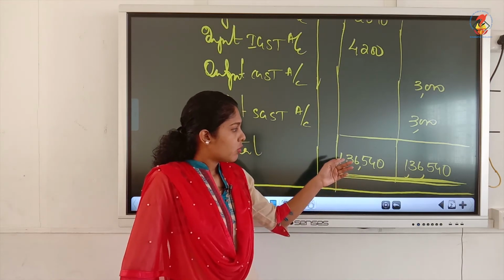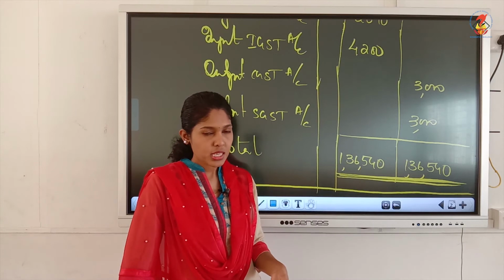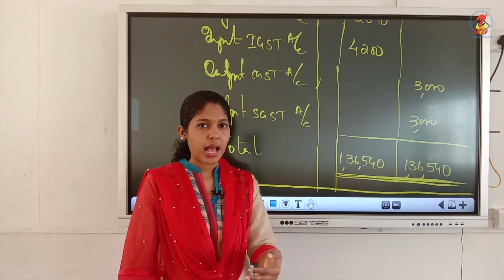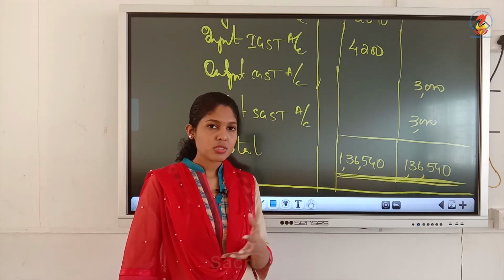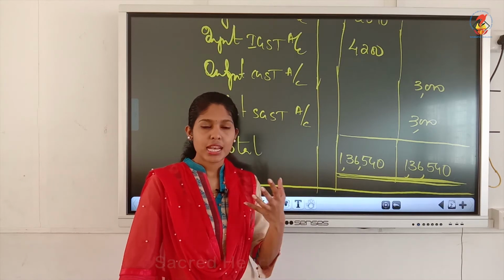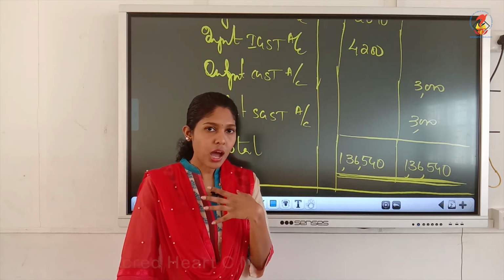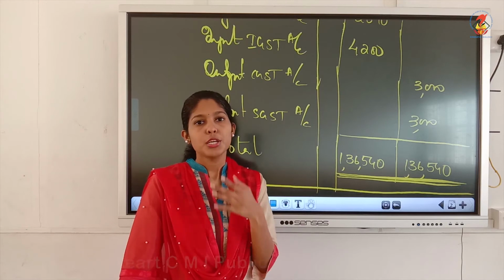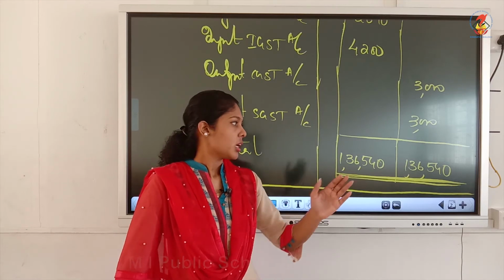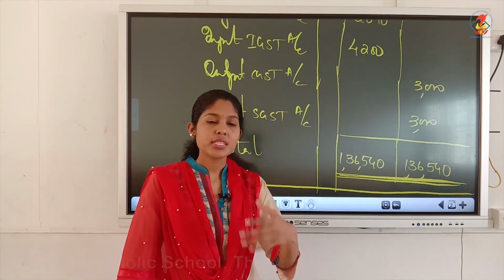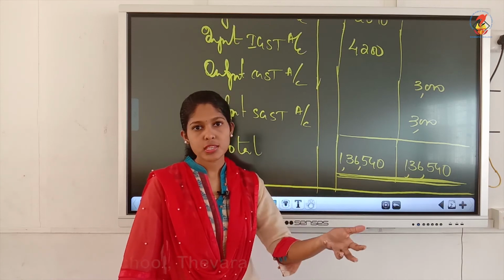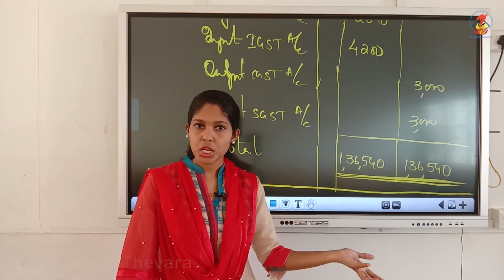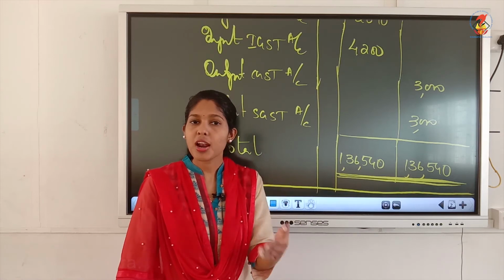Then when you get both sides equal, we can say that the journal we did and the ledger we prepared are free from errors to a certain extent, because when it is the same, it ensures accuracy.